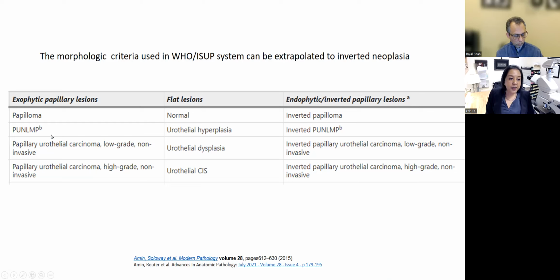PUNLMP has a hyperplastic looking lining, and inverted PUNLMP will similarly have a hyperplastic looking lining with some degree of regimentation, and so on and so forth. So this is something that you should keep in mind.